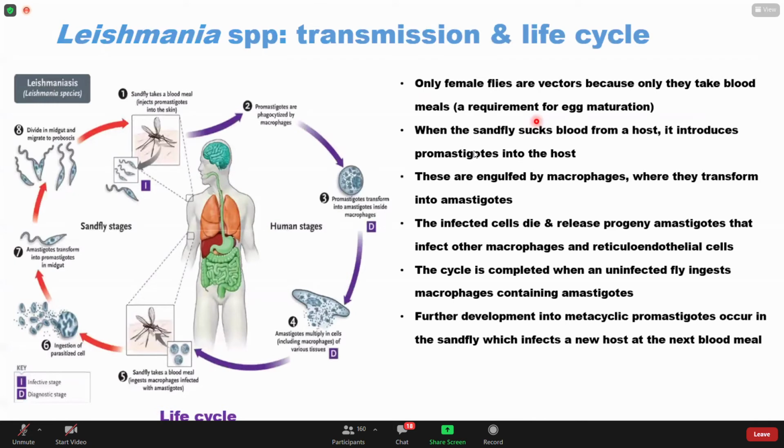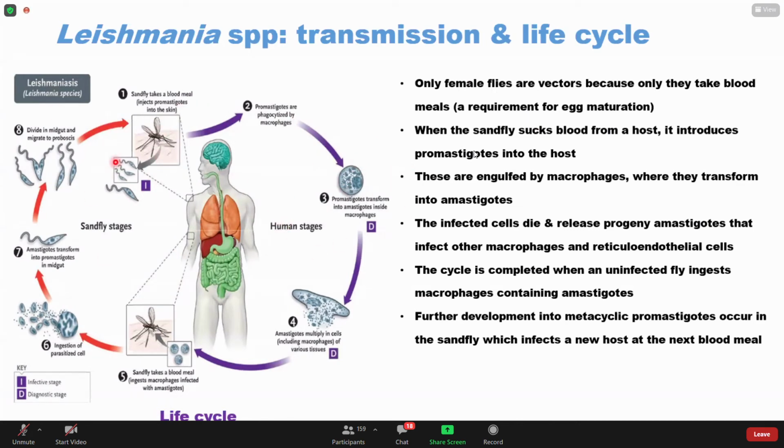What is the life cycle like? Again, it's the female that comes for the blood meal. They need the heme for their eggs to mature. In this case, the form of the parasite that is infective to humans is the promastigote, not sporozoites. So the names are becoming more confusing, right? Okay.